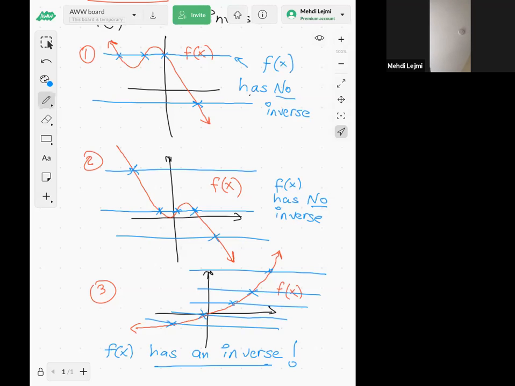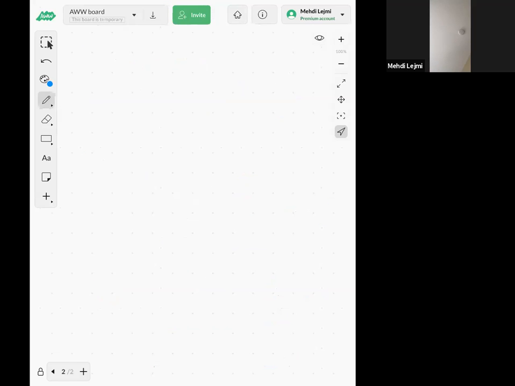Now let's move to the next chapter, chapter 2. We're going to start with section 2.2, and that's about quadratic functions. The goal of this section, guys, is of course to introduce quadratic functions.